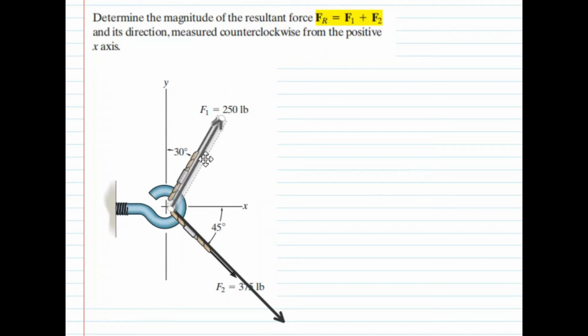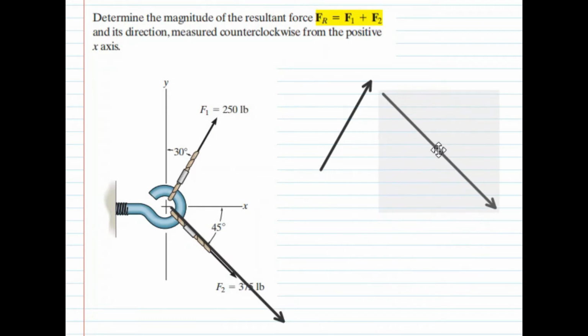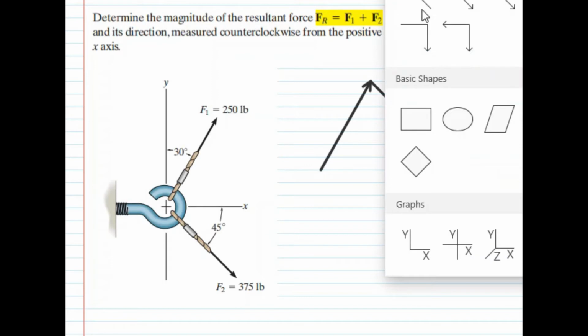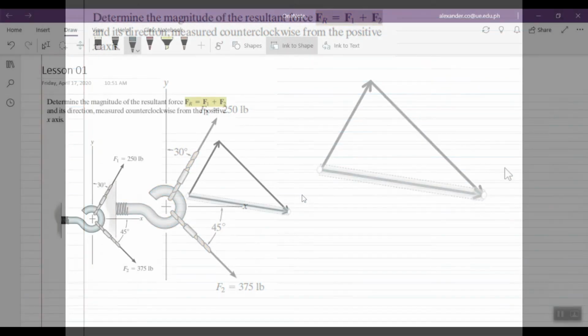So, huli lang natin. Yan. Tapos ito, idikit ko lang din. So, may graphical representation na ako. Ang sabi ko nga, yung F2, ididikit natin dito, head and tail. Yan. Okay? So, ngayon, ano ngayon yung resultant? So, yung resultant is from the tail of F1 dun sa head ng F2.